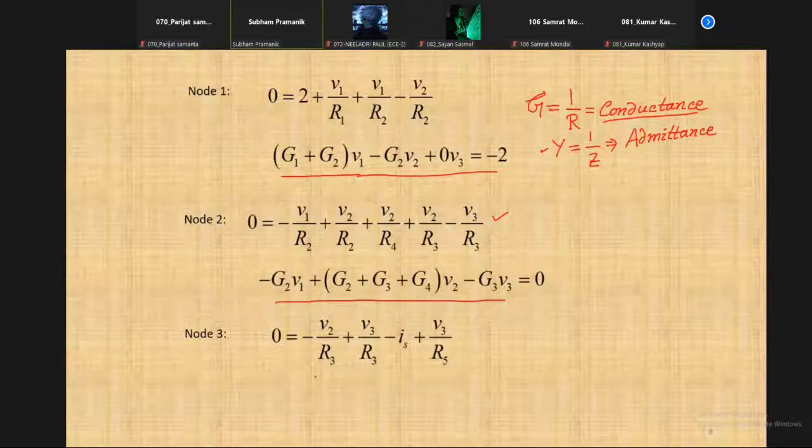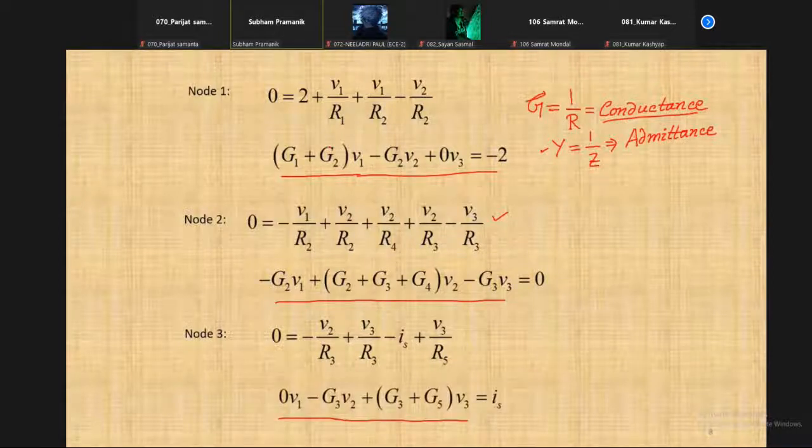These equations have been rearranged. You get the equation like some constant multiplied by V1, then some constant multiplied by V2. If you compare all these with the inspection method that you learned in mesh analysis, then you can see that in node analysis, the inspection method is equally applicable. How? Remember what we did in case of mesh analysis?